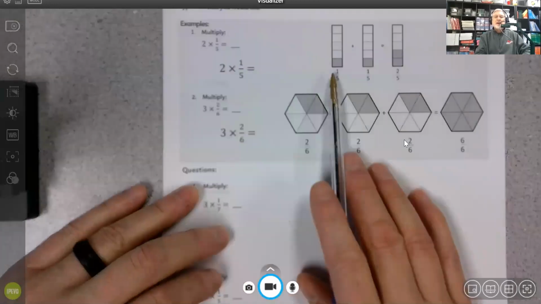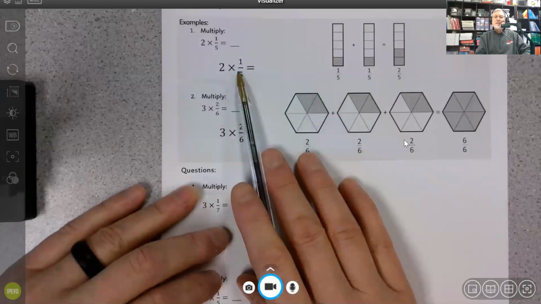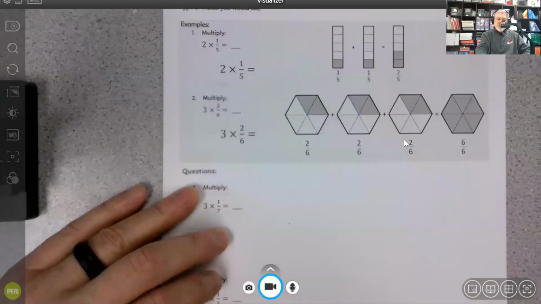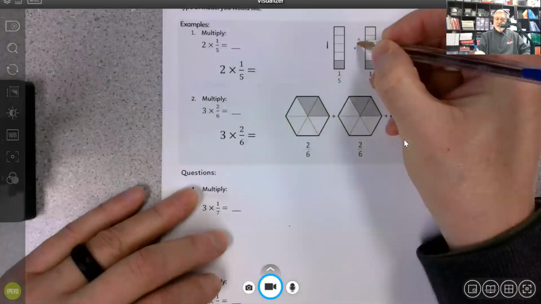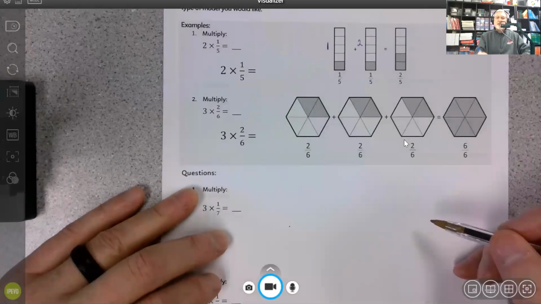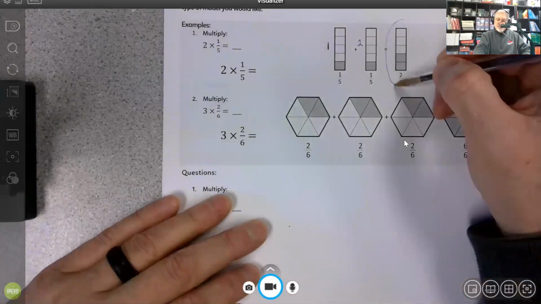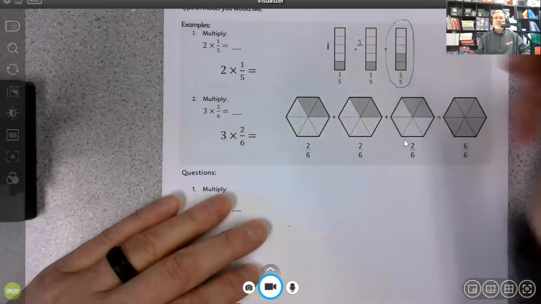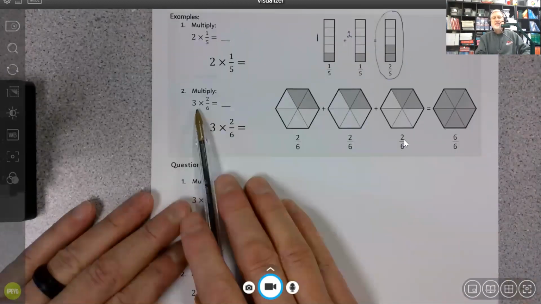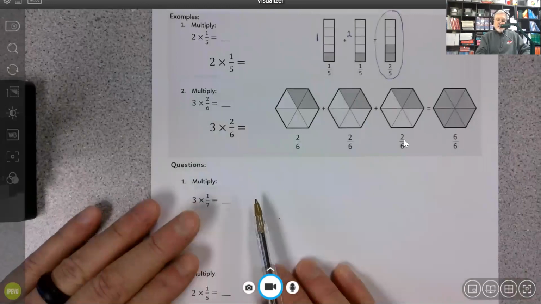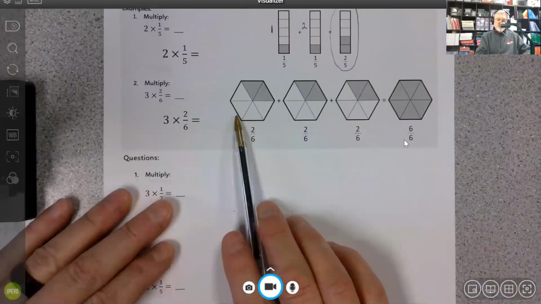So basically, it's the same thing as saying 1/5 twice. So this is your first 1/5, this is your second 1/5, and you add those two together, and that's what gets you 2/5. On your second problem, it's 3 times 2/6, and they drew these shapes, okay?